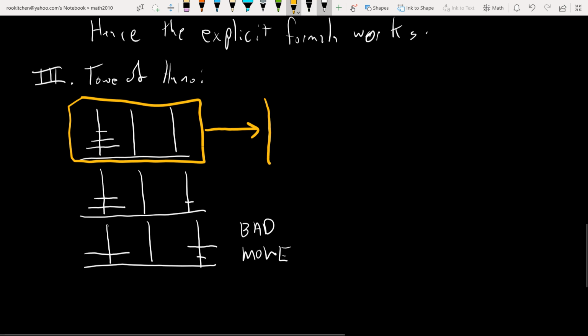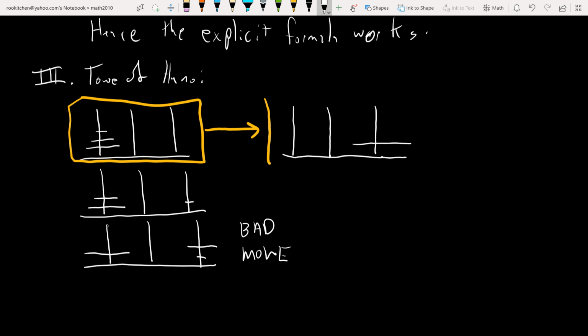Maybe there's other versions of this, and you'll see one in my WebAssign, where you're moving two disks at once, and it's basically the same thing except you just double everything. But generally what you want to do is end up on this third pole, but I don't even think that matters. You just want to end up on a different pole where they're stacked in the same way.